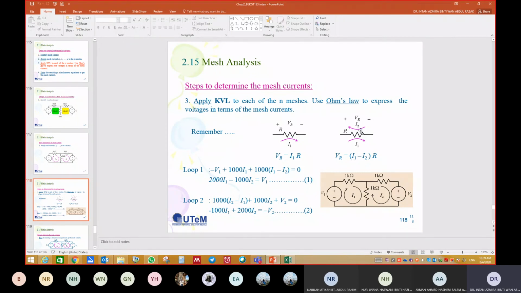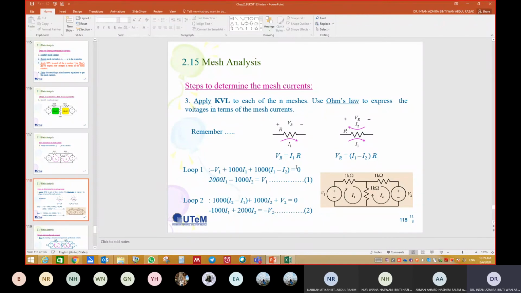Because the polarity of voltage drop is positive and negative. It is in line with the flow of I1, so I1 positive, and then I2 negative.